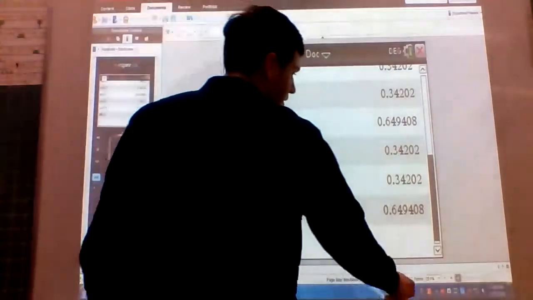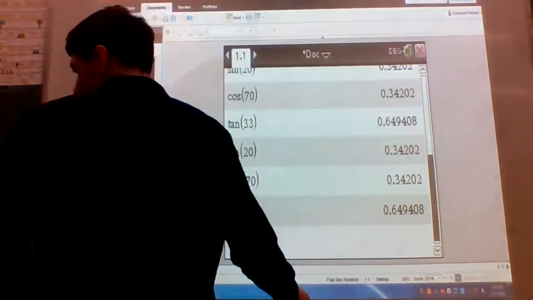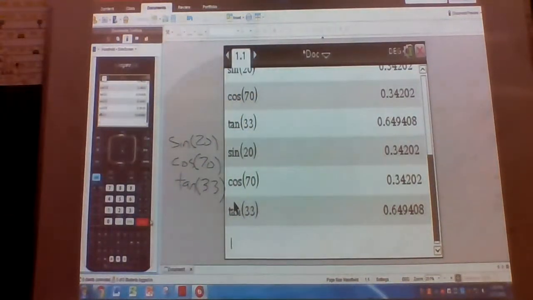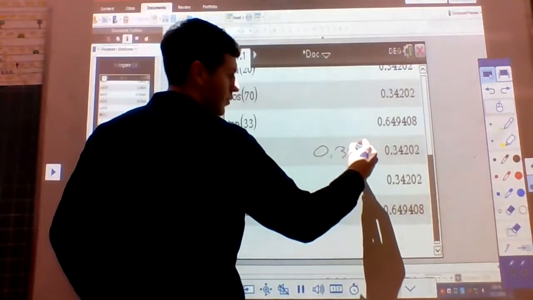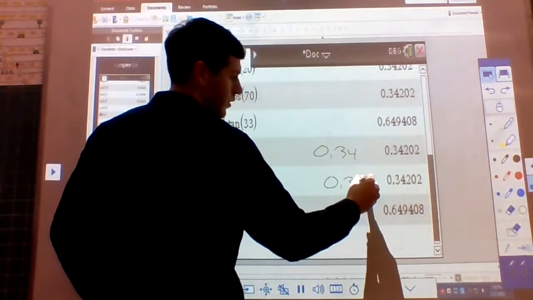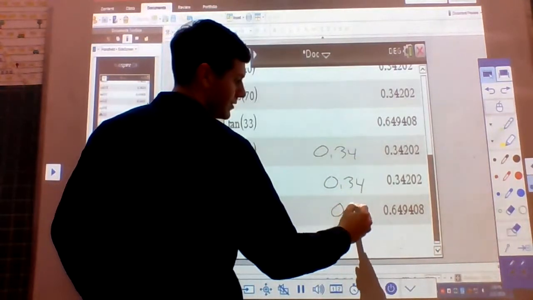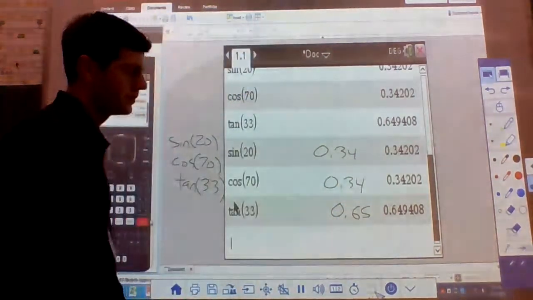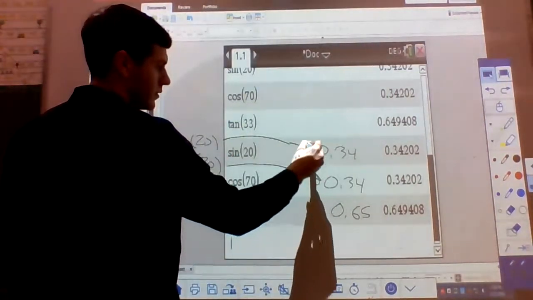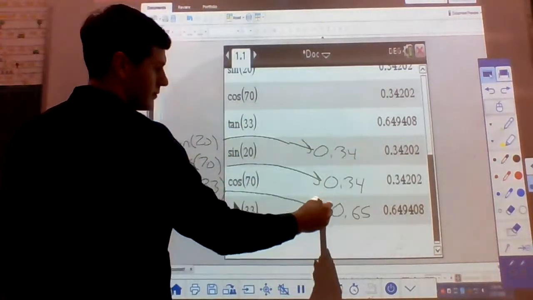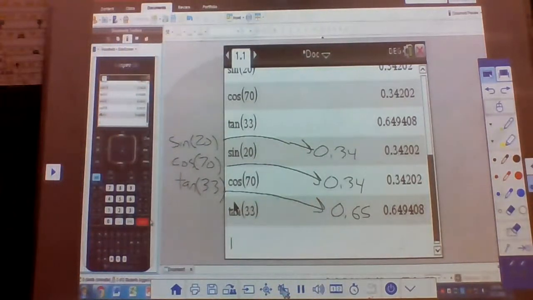Okay, and we want to round to the hundredths place, so we're going to get 0.34, 0.34, and 0.65. Okay, so that's going to be our three answers here. Okay. Example 4.